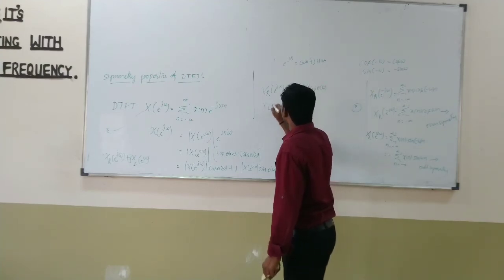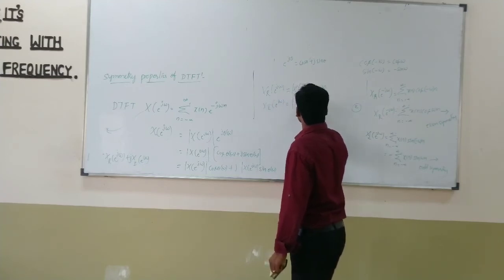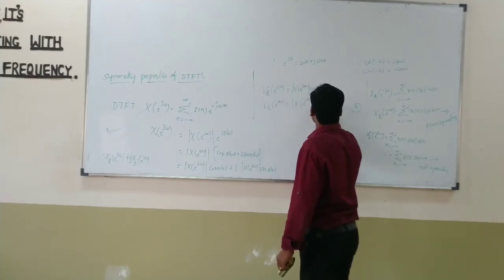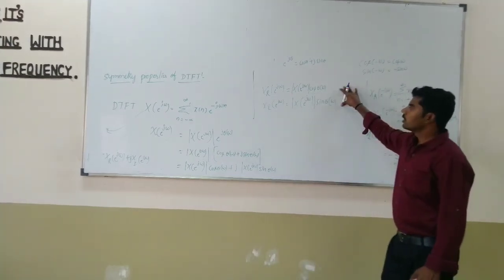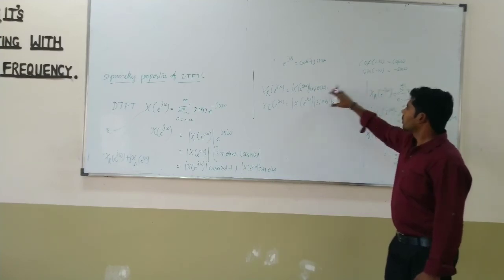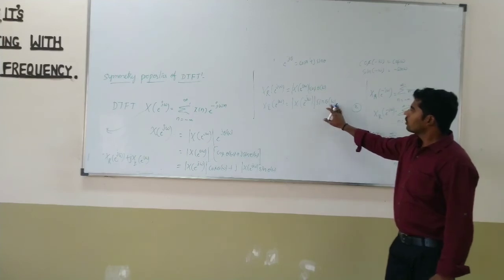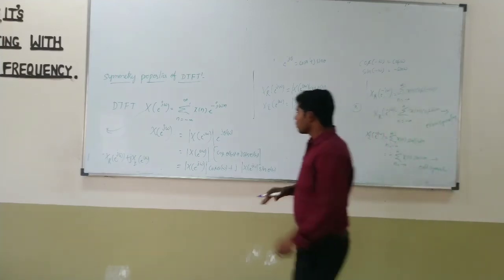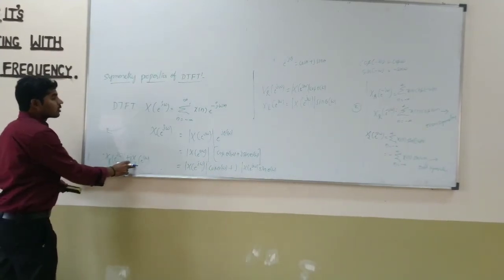Second, the imaginary part X I of e power j omega is equal to modulus of X of e power j omega into sin theta of omega. These are the representations in terms of polar coordinates. We know that from the even symmetry, cos theta of minus omega is equal to the same signal, and for the odd part it is equal to minus the signal. From this conclusion, X R of minus omega is equal to this.